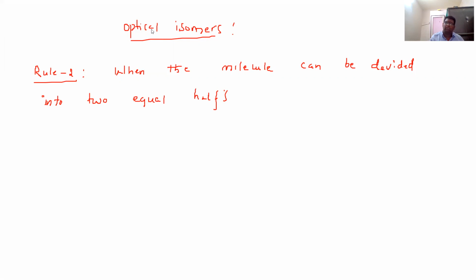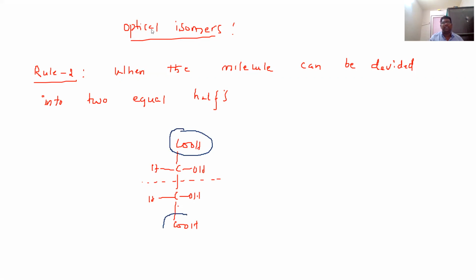Take tartaric acid: COOH, here OH, here H, here OH, here H, here COOH. Observe that this molecule can definitely be divided into two equal halves. Why? Because this terminal is a COOH group, and this terminal is a COOH group. This is called the molecule has symmetry.